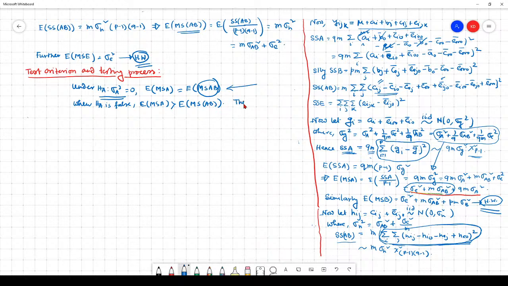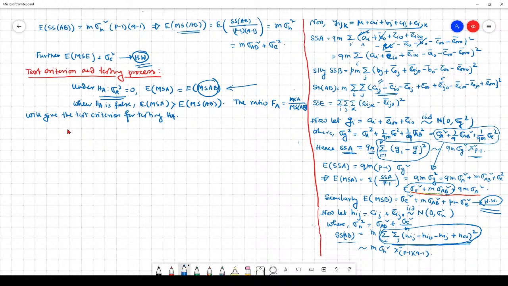Then the ratio FA, which is MSA by MSAB, will give the test criteria for testing HA.